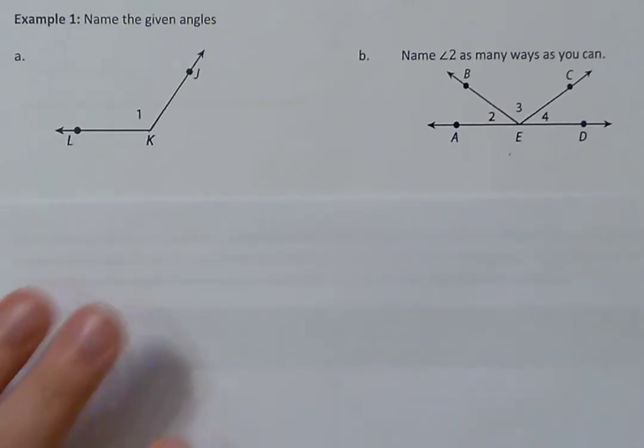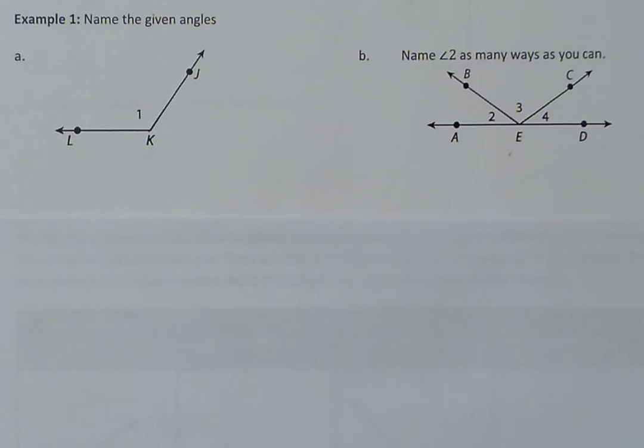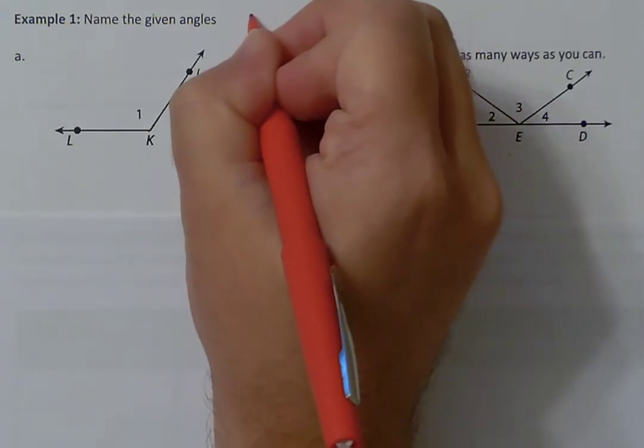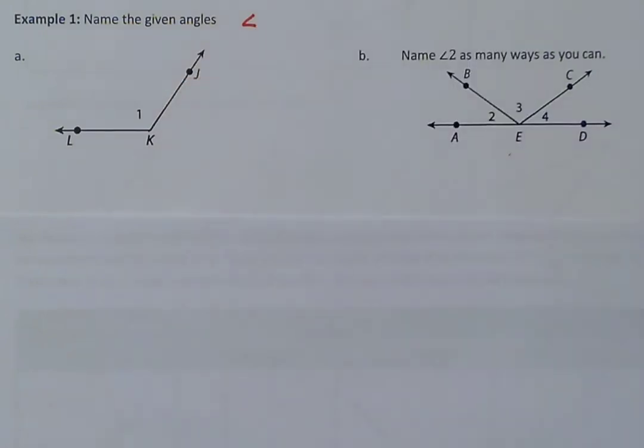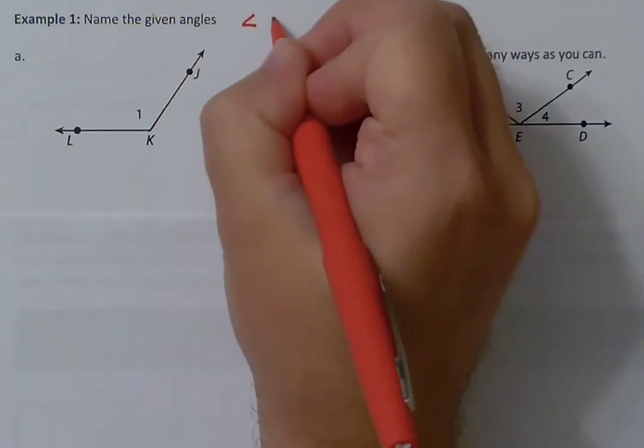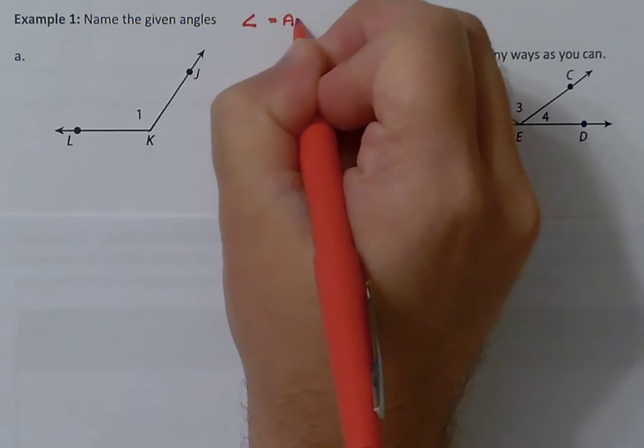All right. So when we go through and name angles, first things first, if you want to write the word angle out, by all means you can. But moving forward from this point, we're going to use a bit of shorthand. The shorthand we're going to use is we're going to draw a little acute angle like this. And what that's going to refer to is angle.